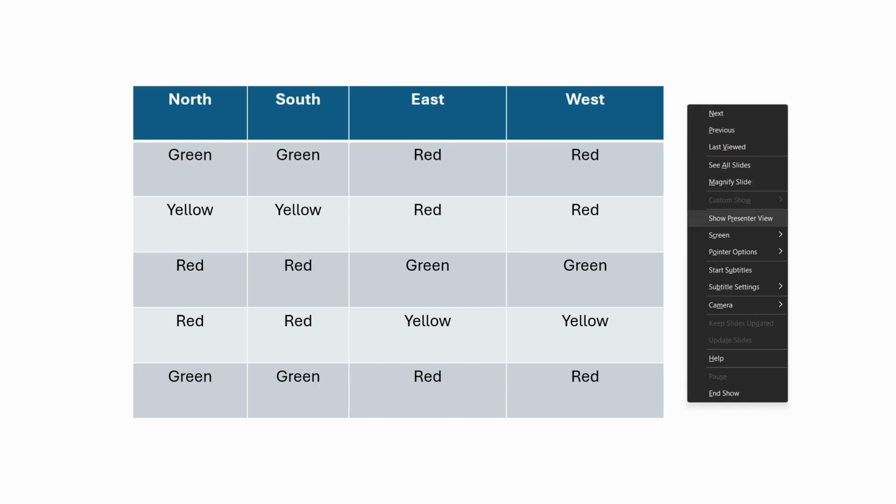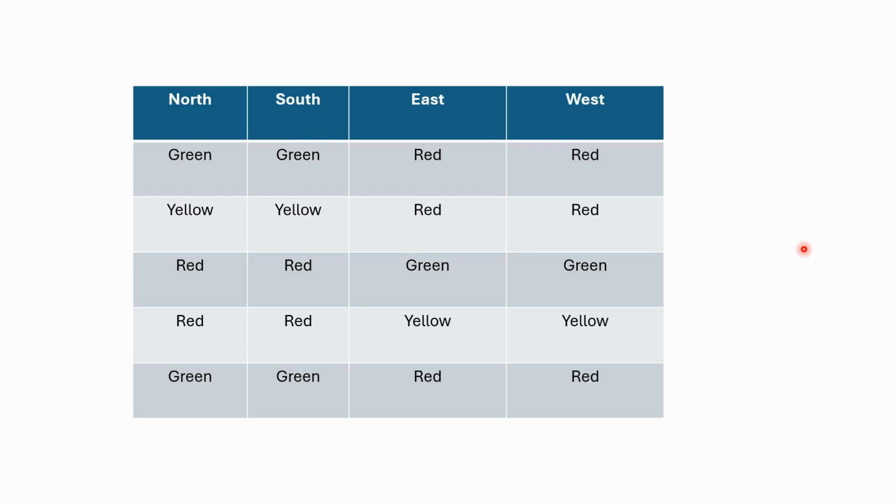Let me turn on a pointer here to point this out. So east and west would remain red, and then eventually your north-south would go from yellow to red. Then your east and west would turn green, so now the traffic can travel east and west. After some time, the east and west go from green to yellow, and the north and south would still remain red.